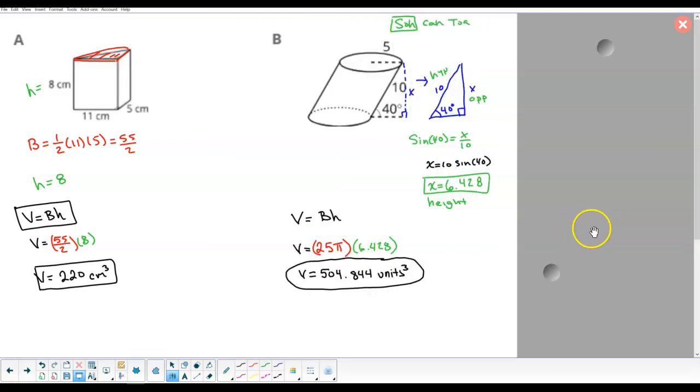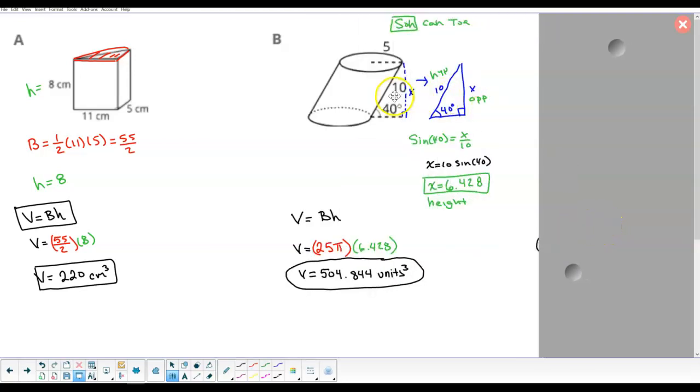Part B is one of the trickier ones. My guess is you might have picked that as one of the more challenging ones. Notice we have the angle of 40 degrees. Well, if I was to draw a dotted line to represent the height of the oblique cylinder, that would form a right triangle with the length of 10 for the hypotenuse and an angle of 40 for my reference angle, and then x would be the height of the solid.